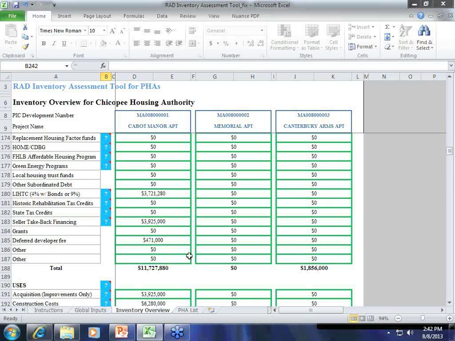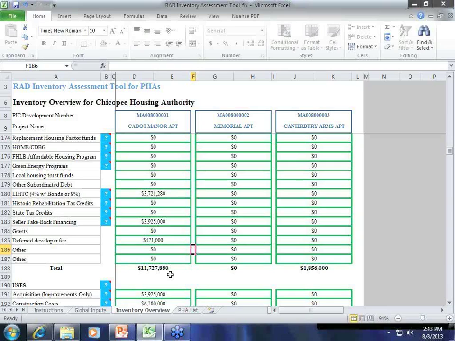Great. And certainly another thing we often see is housing authorities using just their capital fund grants or the operating reserves that exist at the property to fill gaps of this size. And if you have either local or state housing trust fund money, housing authorities doing these conversions will meet all the requirements for getting points for affordable housing preservation.